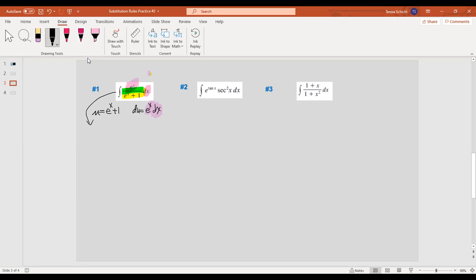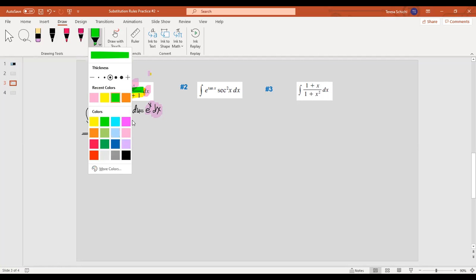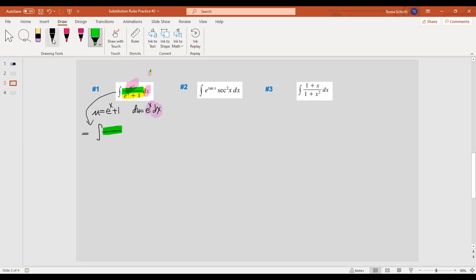Now let's rewrite this. This 1 over, this is my function, and the bottom is u, and the e^x dx is du. So it's 1 over u du.